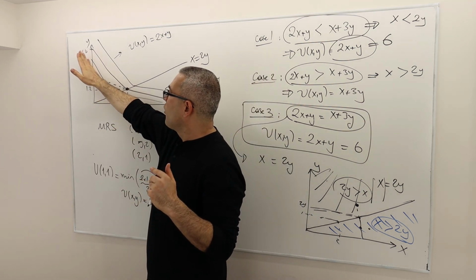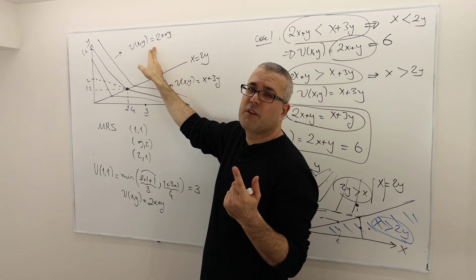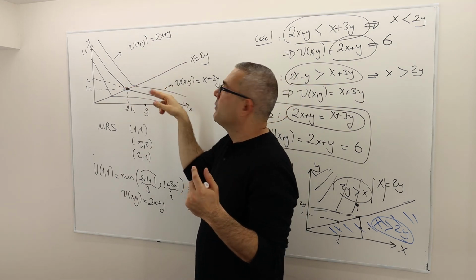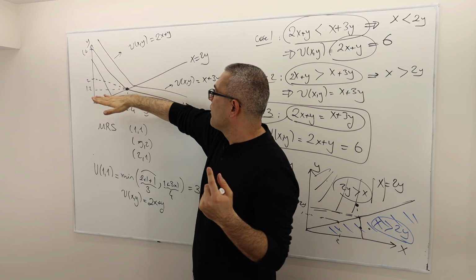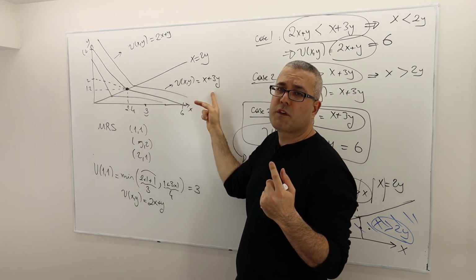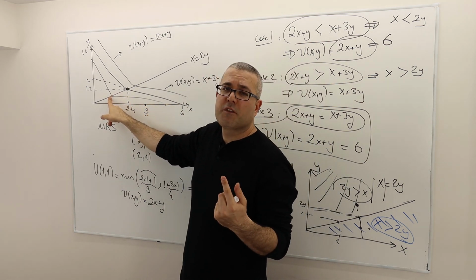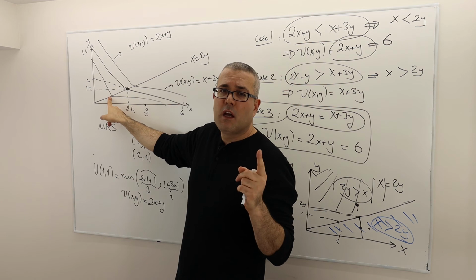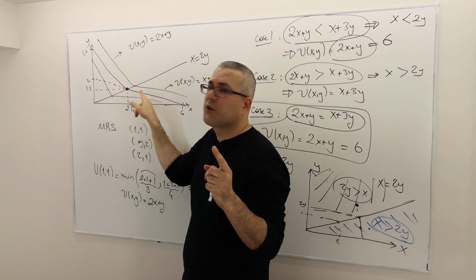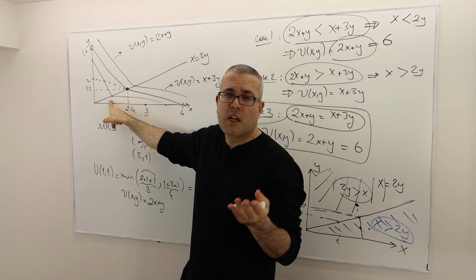If we are on this part of the indifference curve, the slope is simple, right? It's minus 2, the marginal rate of substitution. If we are on this part, the marginal rate of substitution is minus 1 over 3. And if we are on the corner point, the marginal rate of substitution is undefined because this indifference curve is not differentiable at this kink point, and so the slope is undefined.